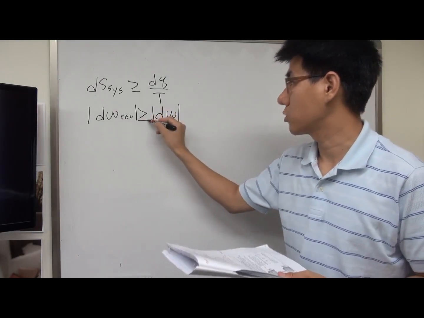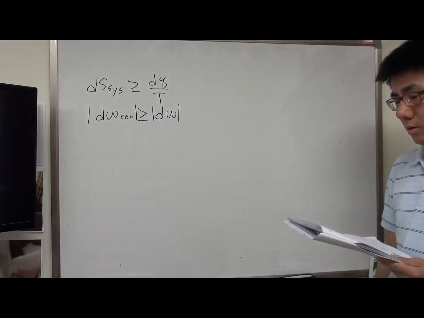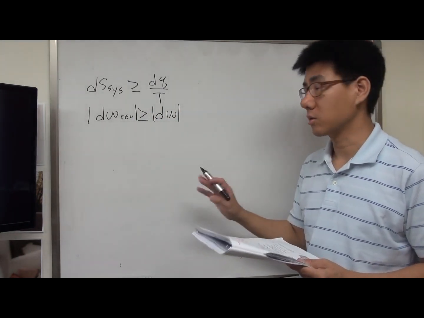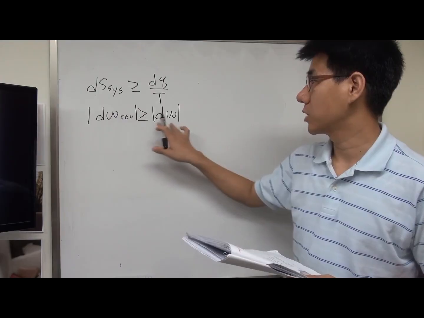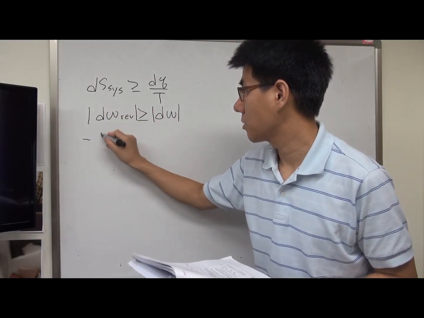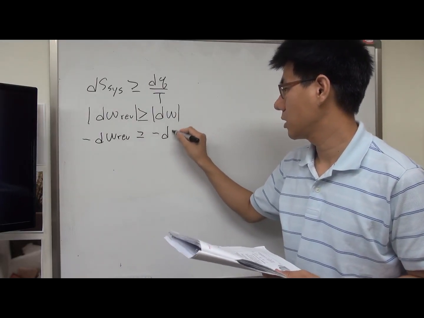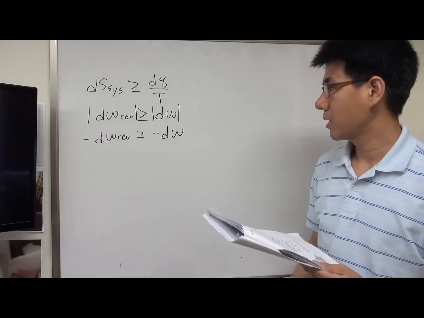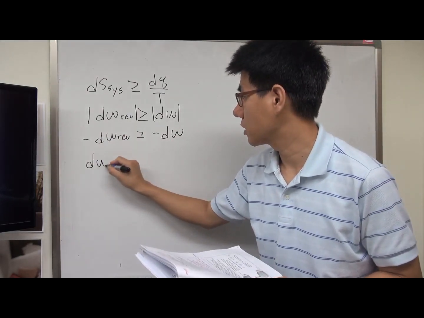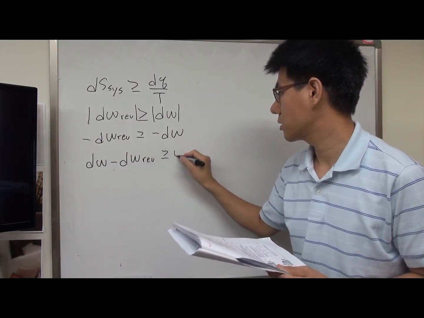So this amount should be larger. If the work is done by the system on the surroundings, then the sign of W is negative, so we can remove this absolute sign. Minus dW reversible is larger than minus dW. If you move minus dW to the left side, then you get dW minus dW reversible is larger or equal to 0.